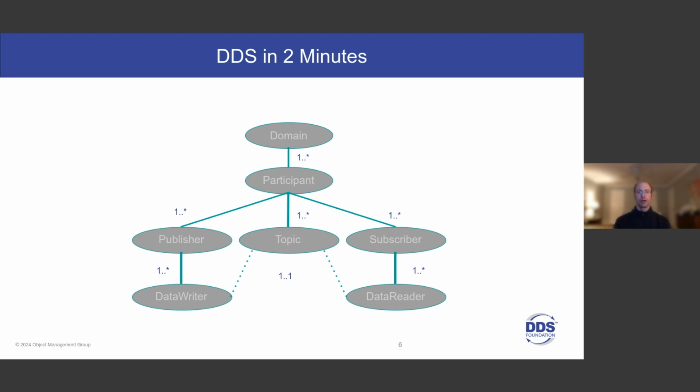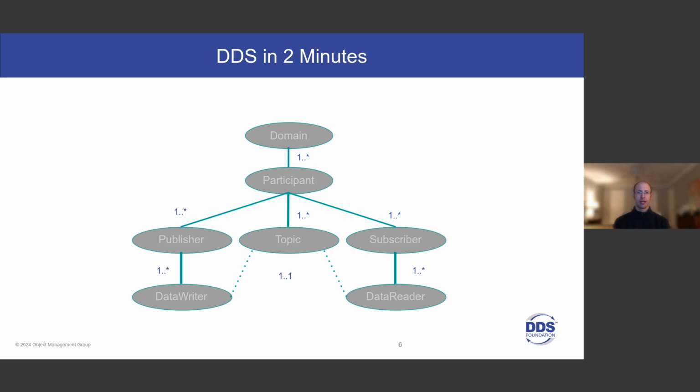So I do want to give a very brief overview of DDS for those of you for whom this may be the first time you've been introduced to it. DDS defines a high-level container or abstraction called a domain, which is really an application or a set of applications that are put together to accomplish some kind of distributed computing goal. A domain has a number of participants in it.